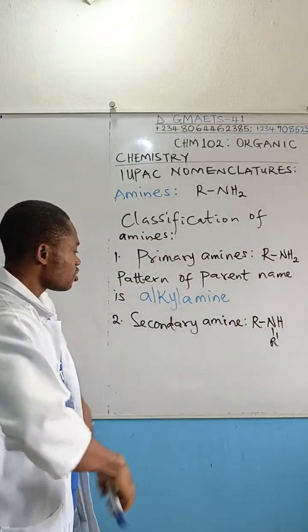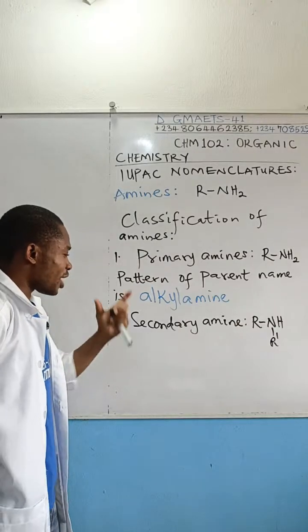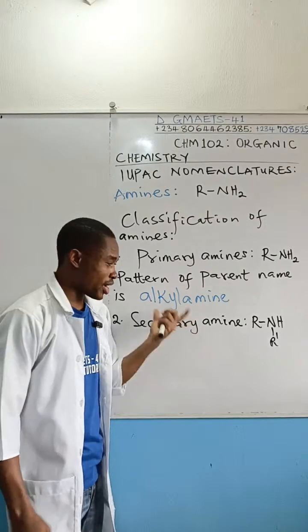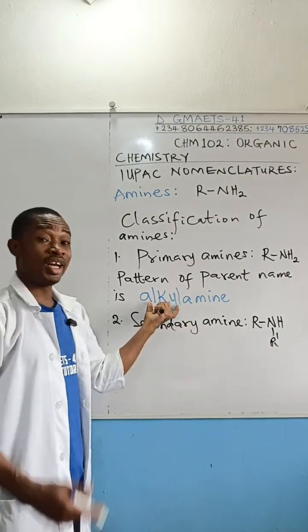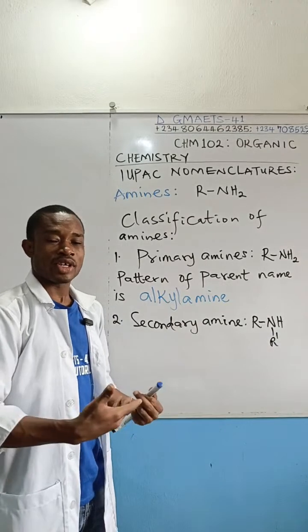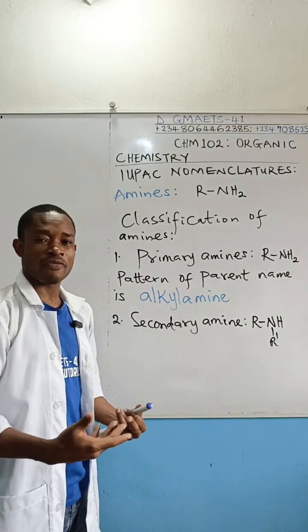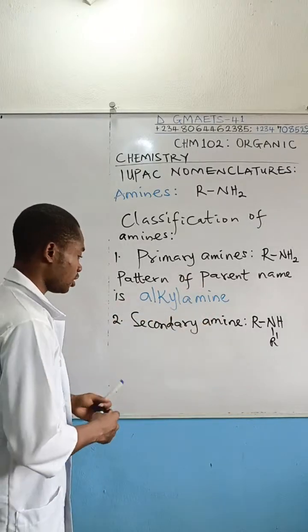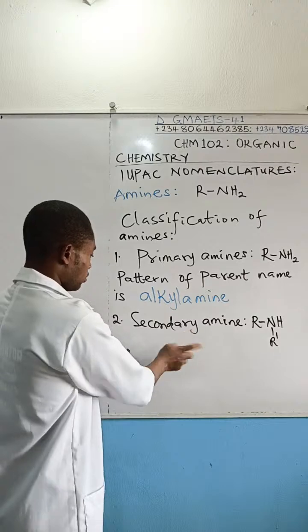I don't want to wipe this, so I'll give it to you as a note when I am done with tertiary amine. I'll link a note to this primary amine, where the parent name can follow the pattern amino alkane. So let's move on.